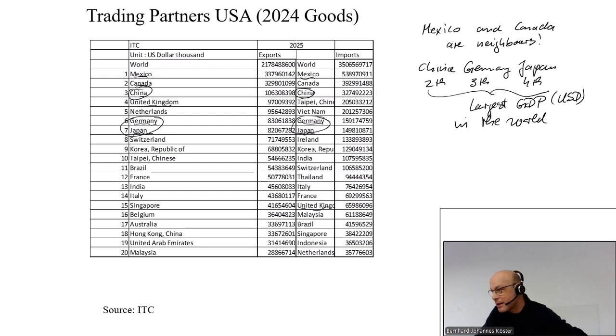And on the other hand, looking at the import, a large country can, of course, sell more goods to you than a small country. Let's say Luxembourg compared to Germany.